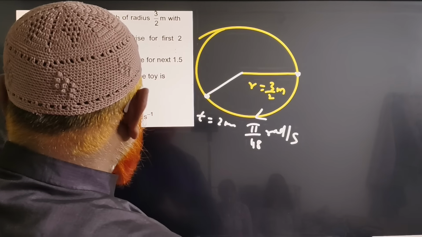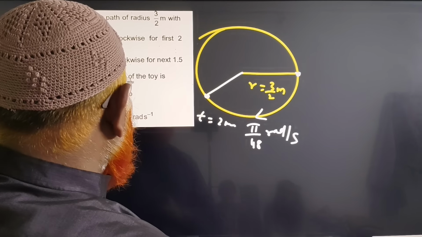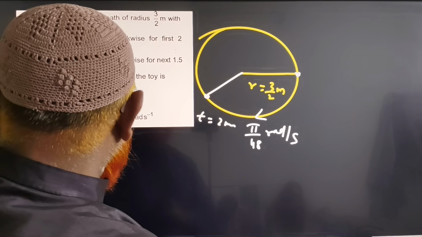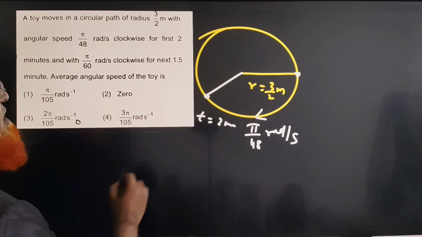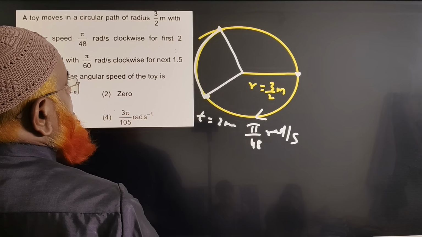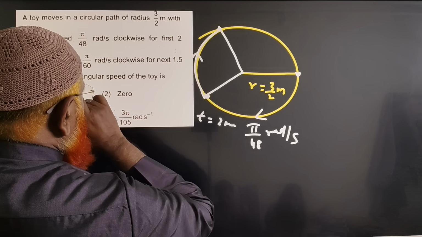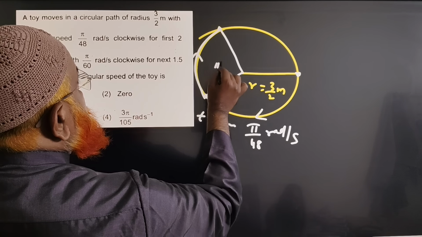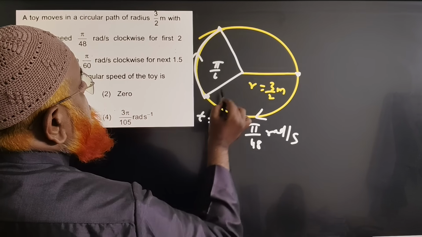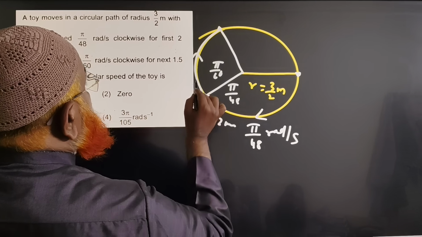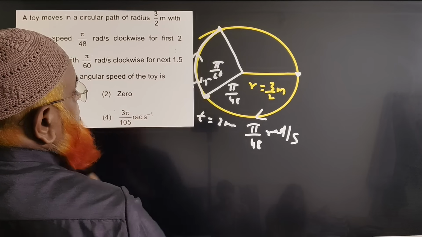With pi by 60 radians per second, only clockwise, it has again travelled from here to here. So it is pi by 60. Previously pi by 48 with time 2, now time is 1.5.